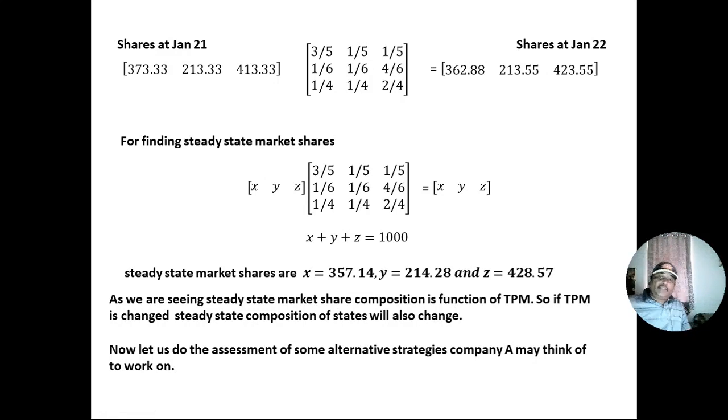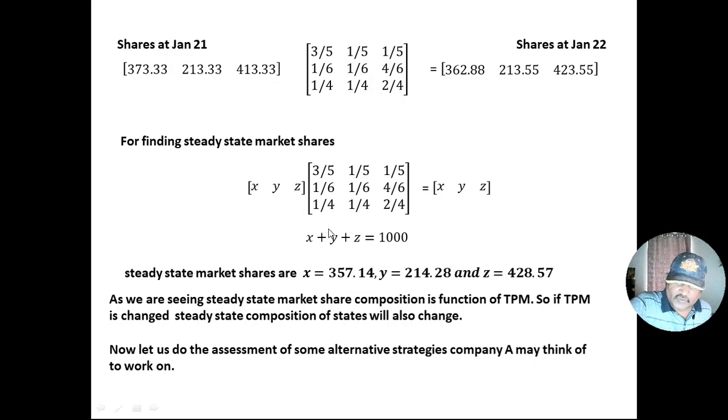Now, one thing you must have come to know is that your steady state market share is a function of the transition probability matrix only. Once you know your transition probability matrix, you know the steady state market share.